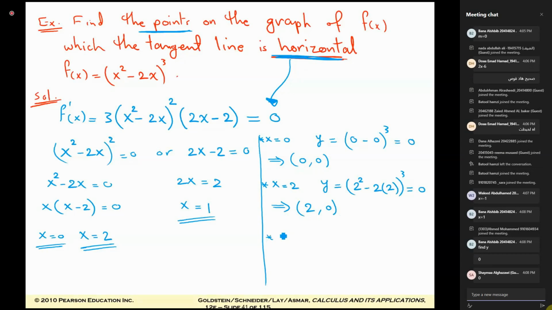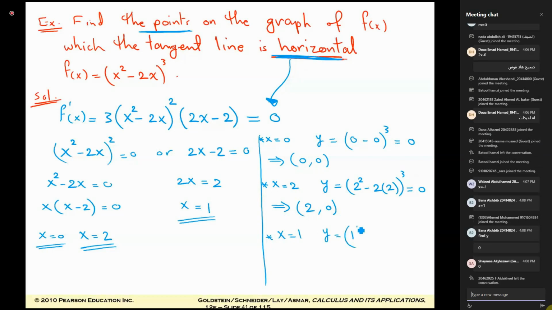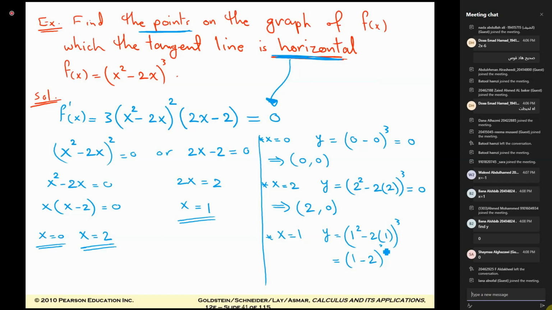The third point, x equal 1, y equals 1 square minus 2 multiplied by 1, all to the power 3, equals 1 minus 2 to the power 3, which is minus 1 to the power 3, so we have minus 1. So the third point is 1 and negative 1.